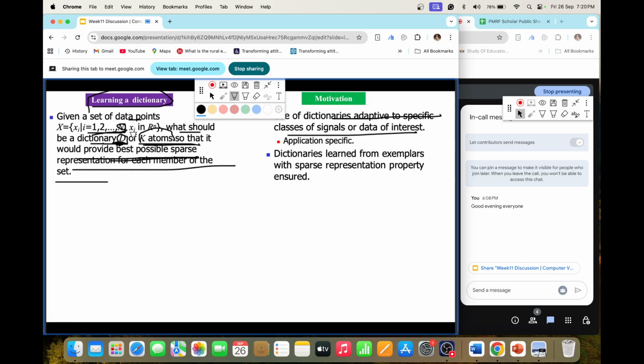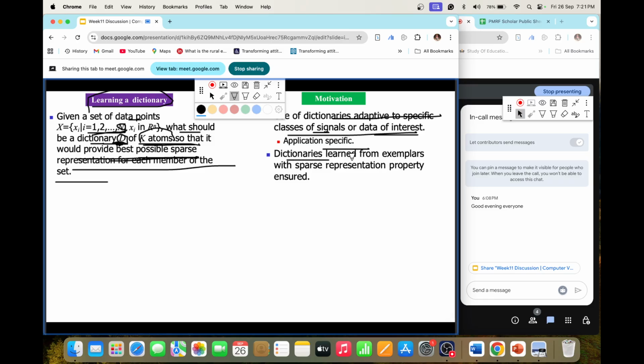If we can learn this dictionary based on our specific interest, the application would be specific. Rather than forming different dictionaries, if we know the specific class for which the dictionary needs to be learned, it would be easier for us.